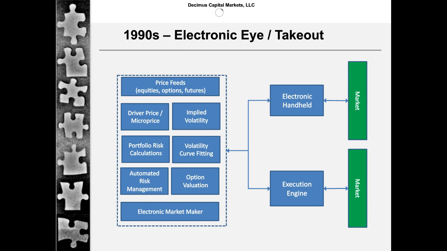So liquidity was often provided by taking. The upstairs market maker would have what we called a takeout machine. Other people call it electronic eye, a machine that would basically trade mispricings, and those mispricings often were brokers trying to find what we call the inside market, or the hidden market, which would trigger us into trading with them.